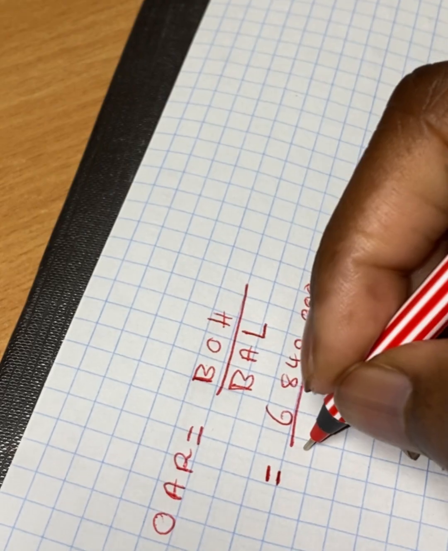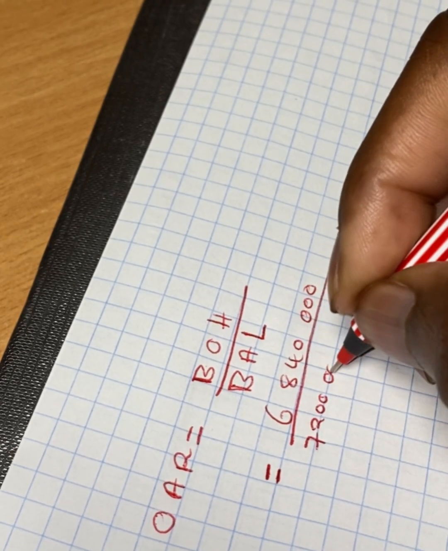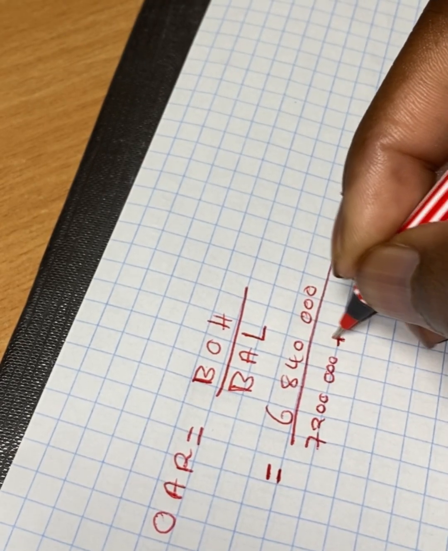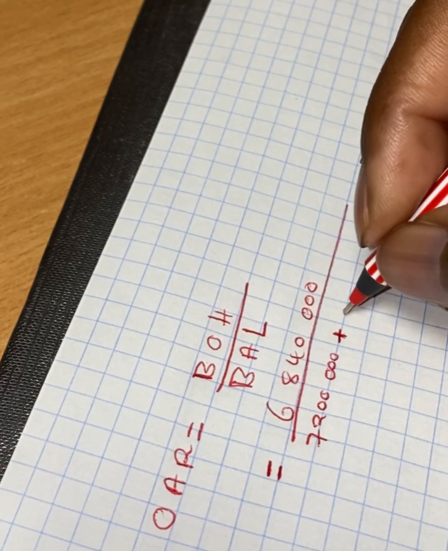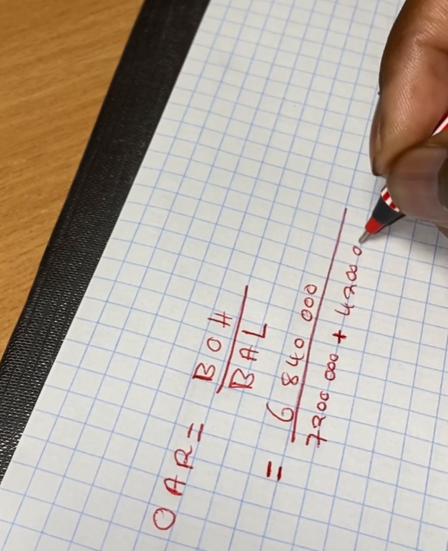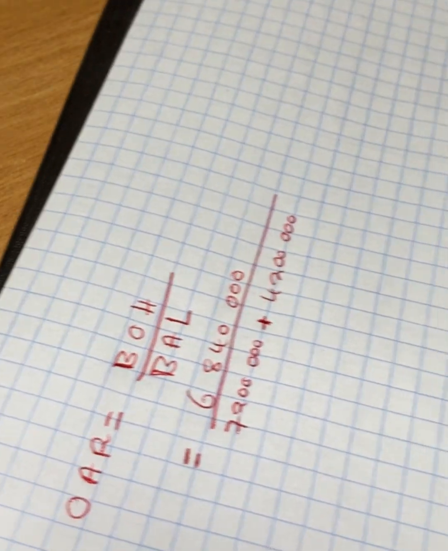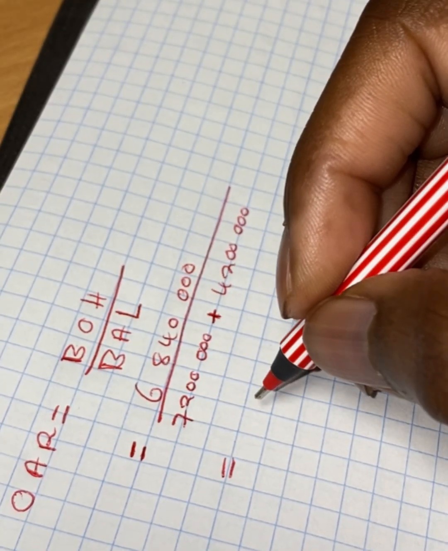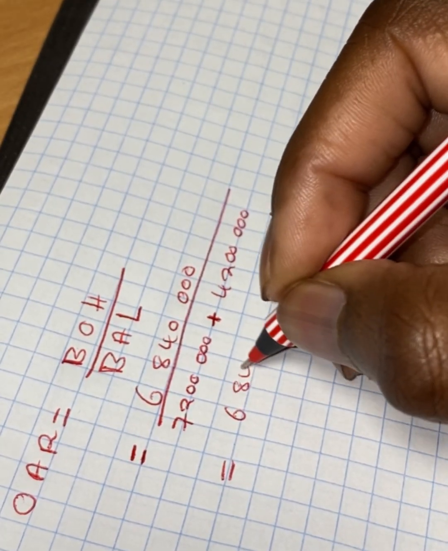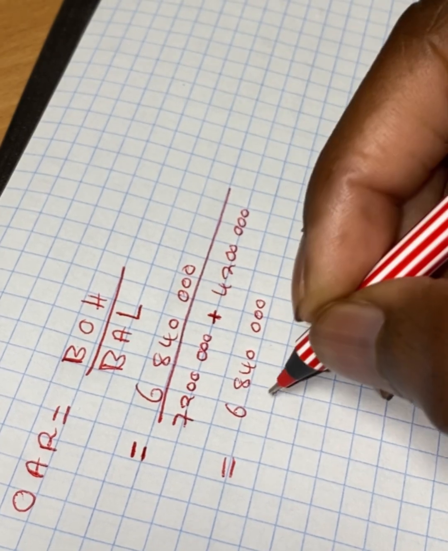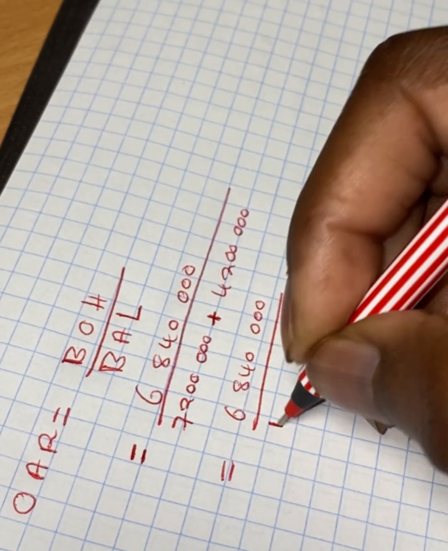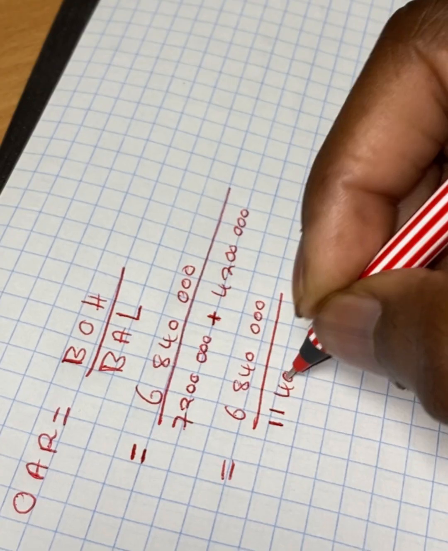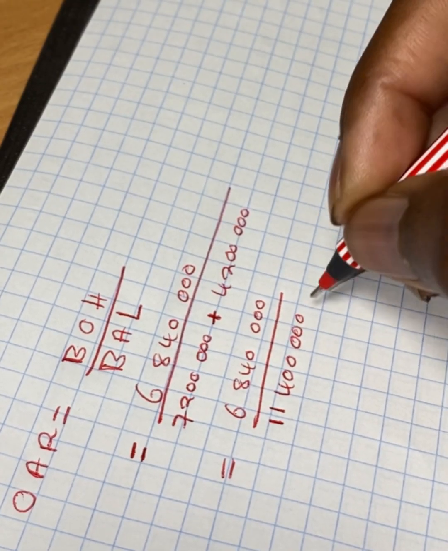The direct labor cost for process A is 7,200,000 plus the direct labor cost for process B, 4,200,000, according to the question. So when we add, what we are finding on top we maintain, the 6,840,000. Then down, when I add, it's giving me 11,400,000 kwacha.